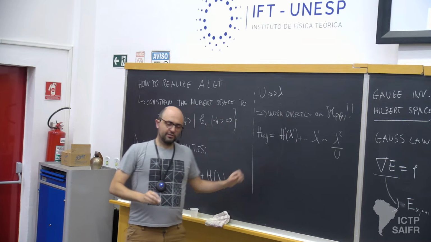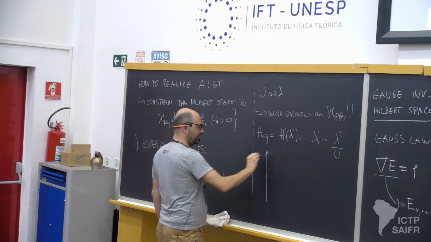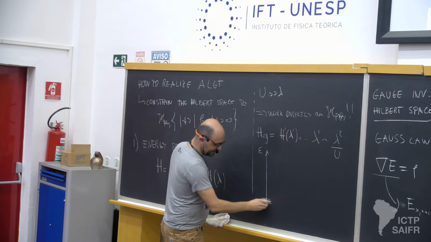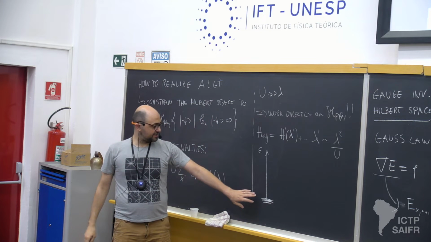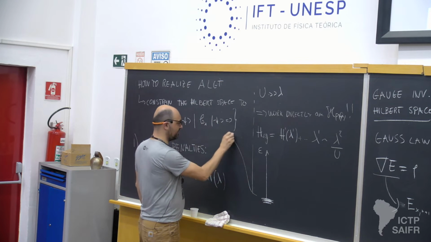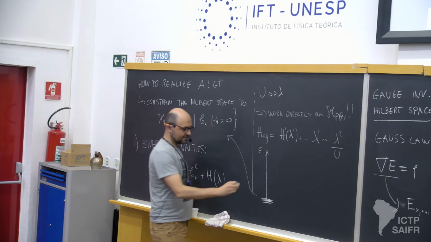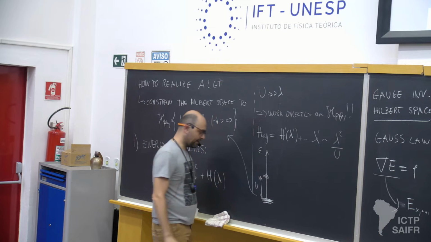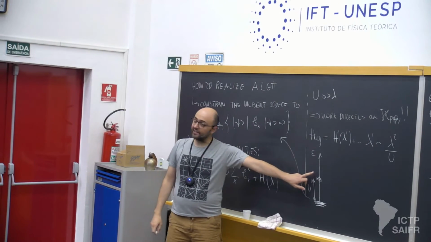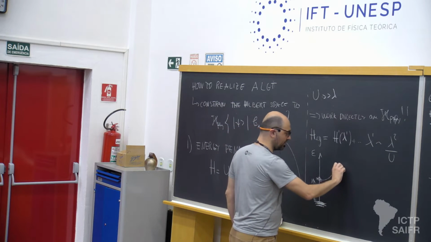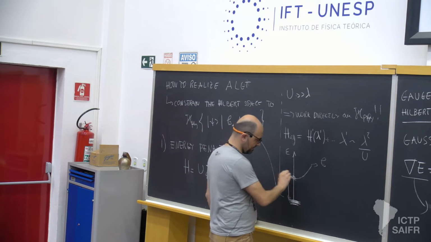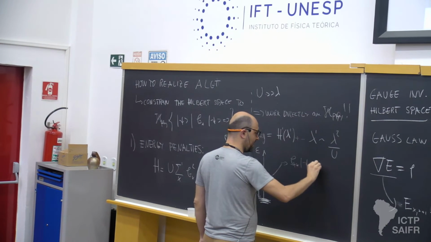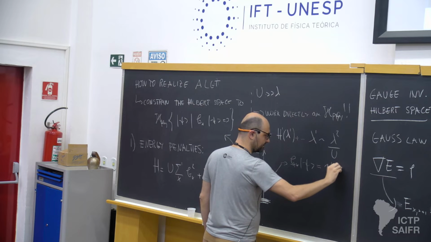In terms of physics, if we look at the spectrum of our theory, there will be low energy states here. These low energy states live in the gauge invariant Hilbert space. Then there will be states separated in energy by U, which are gauge variant states. The first band is a band of states where there is one G_x such that applying it to psi gives 1.